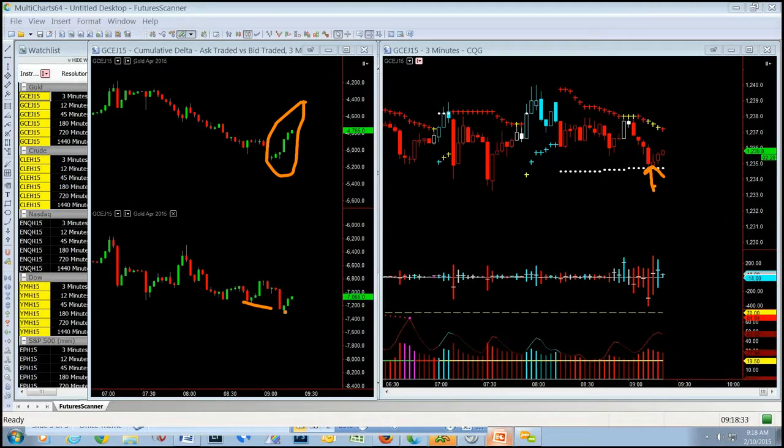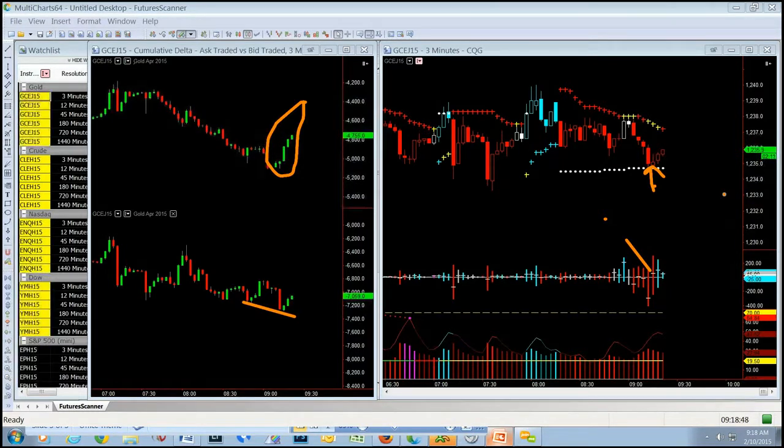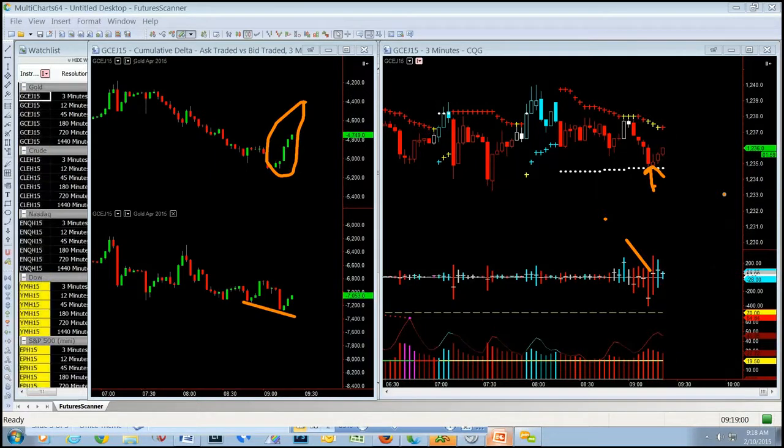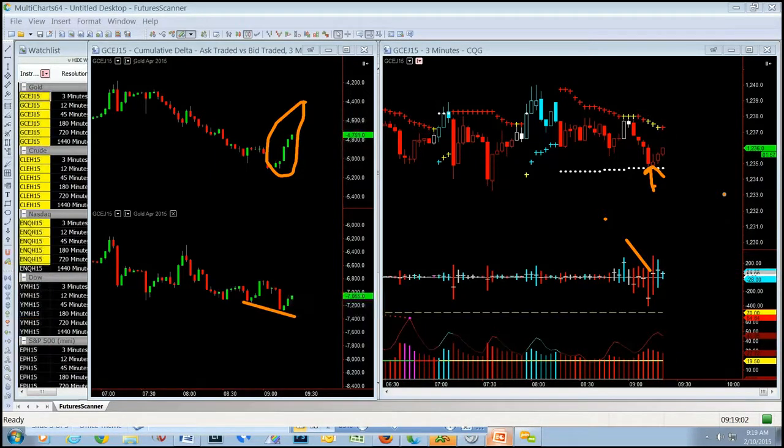The limit orders were going down. Do you see this little hash mark right there? That told me the same story. Do y'all see that?